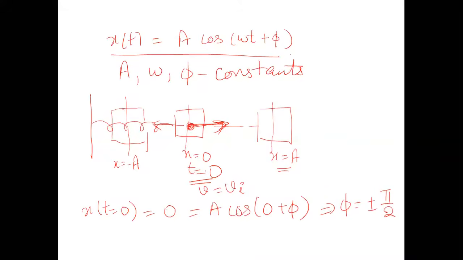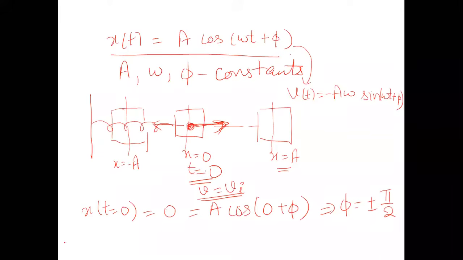We can decide that. Now, if this is your displacement, then I can say that your velocity would be equal to minus A omega sin(omega t plus phi). From the initial conditions, we said that your velocity is in the positive direction, so your velocity needs to have the positive sign.